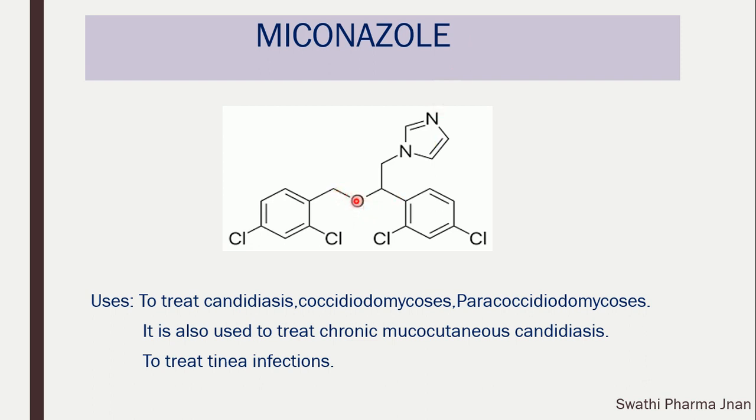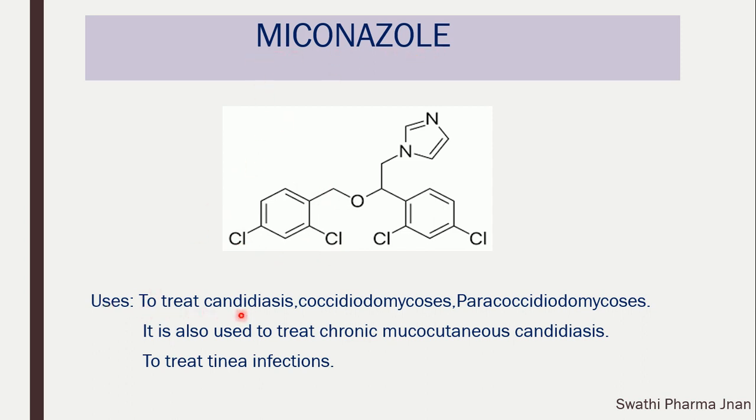At the center, an imidazole is attached through one ethyl bridge. To one of the carbons, a dichlorophenyl group is present. After the ethyl group, a methoxy group is present. To this methoxy group, one more dichlorophenyl group is attached. That is the structure of miconazole.